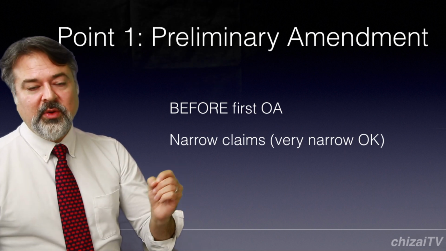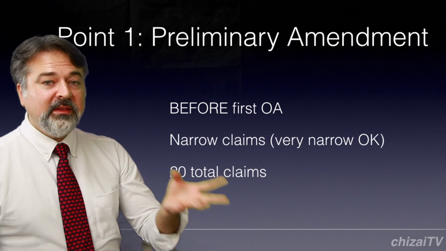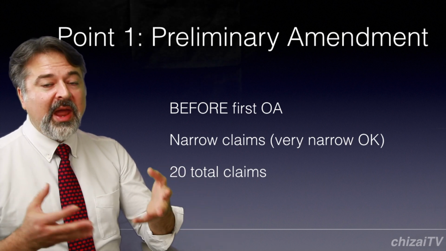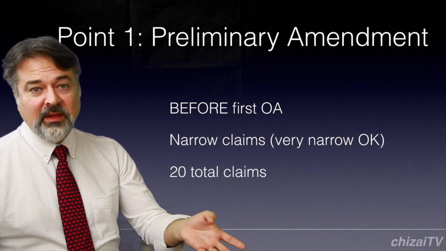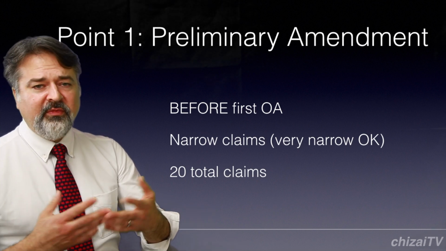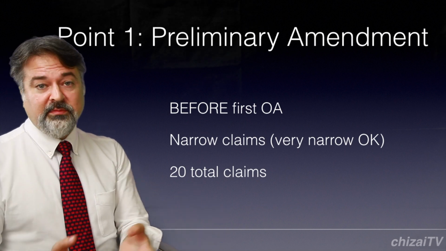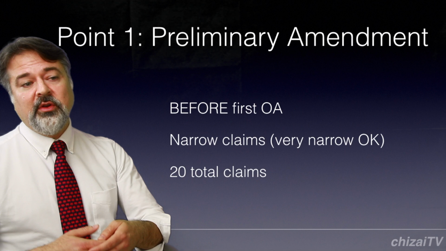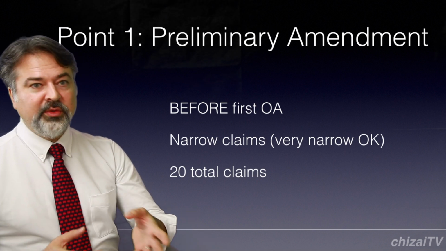And make sure you have 20 total claims. When you pay your filing fee for your application, it's always the same. You're paying for those 20 claims. So if you're filing an application with 5 claims but paying for 20, you're wasting the money for 15 claims. It's kind of like a mottainai.